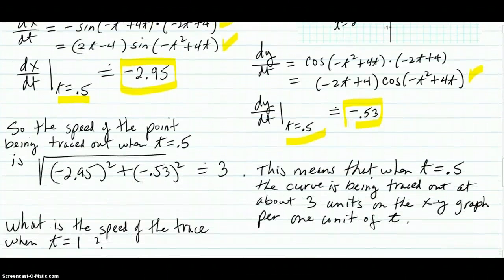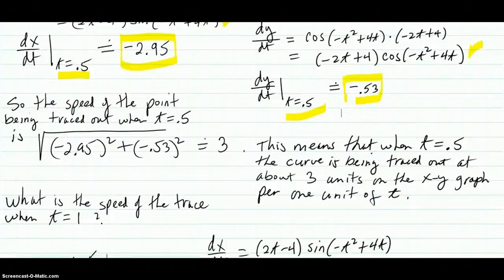So the speed of a point being traced out when the t parameter is equal to 0.5 comes out to be 3. And what that means is that at the moment when your t parameter is 0.5, the curve is being traced out at about 3 units on the xy graph per 1 unit of t parameter.